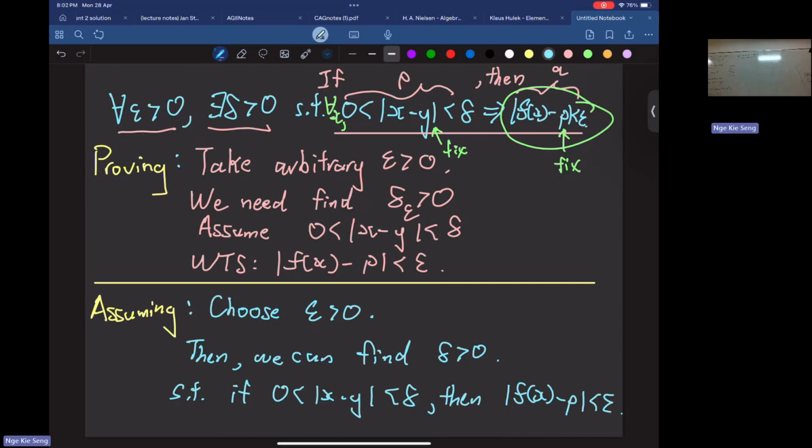Okay. So in this statement here, the most important thing is the Q there, the last bit there. But to make the last bit happen, what do you need? You need epsilon first. Once you have the epsilon, this statement will give you a delta, such that if P holds, then Q will work.